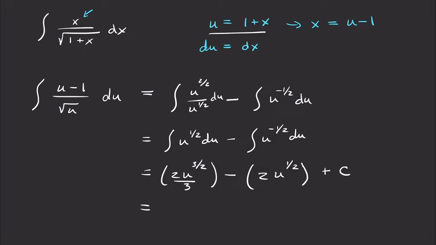And then if we plug in for our u again, we get 2/3, u to the 3/2 is 1 plus x to the 3/2, minus 2 times 1 plus x, or this is to the 1/2, so we'll just write it as a square root. So 1 plus x square root plus c.